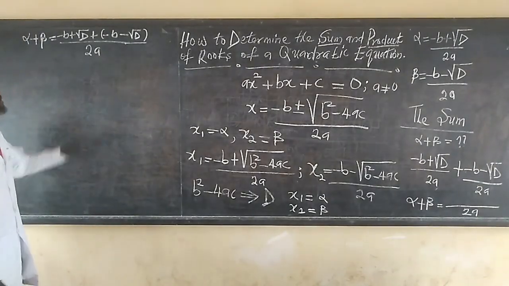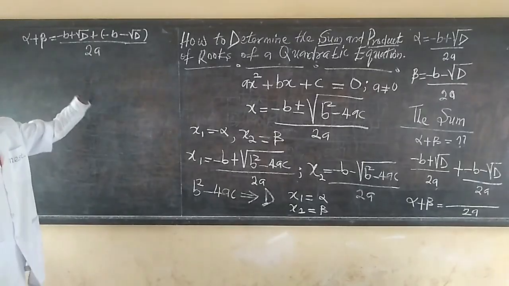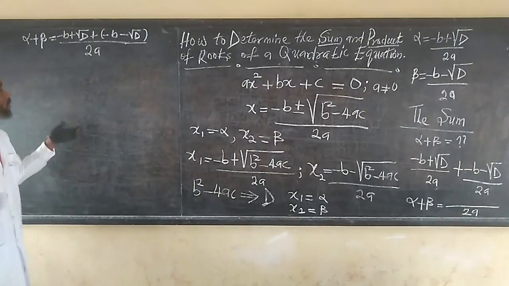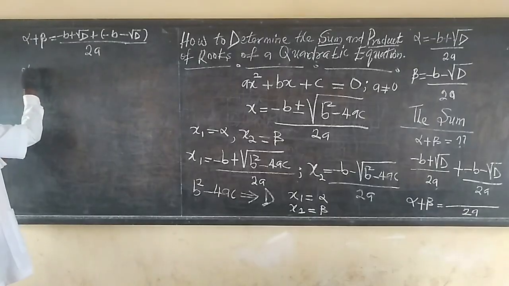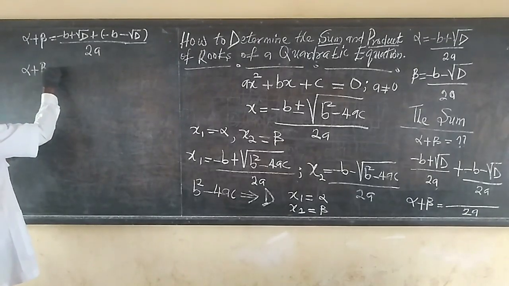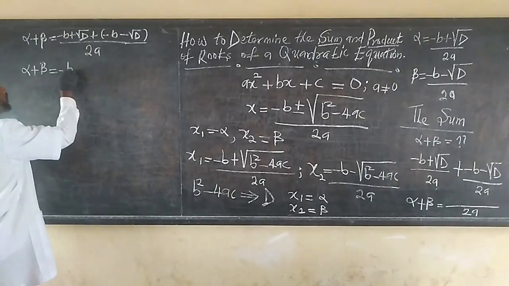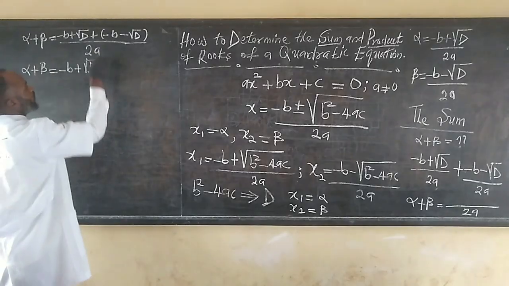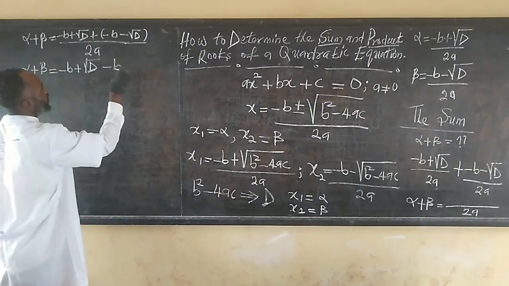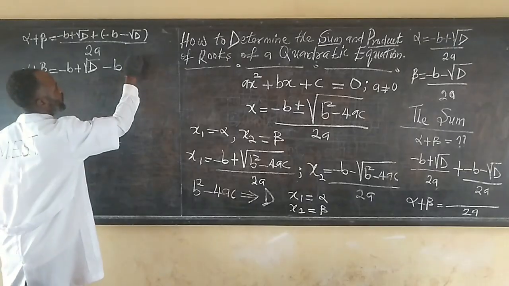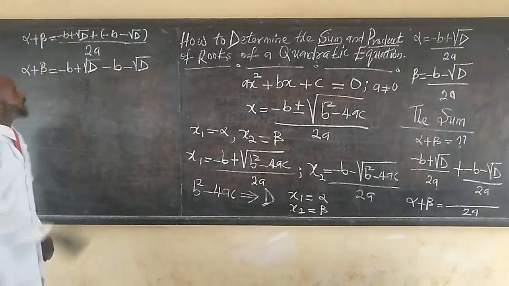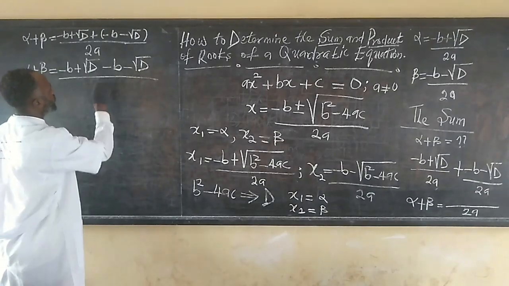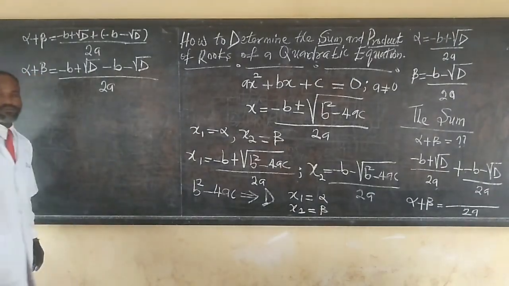So what do we do? Very simple. Collect like terms, clear out, and we're done. The sum alpha plus beta is equal to minus b plus square root D, minus b minus square root d, and all over 2a.